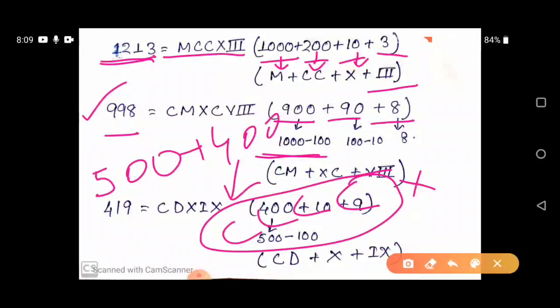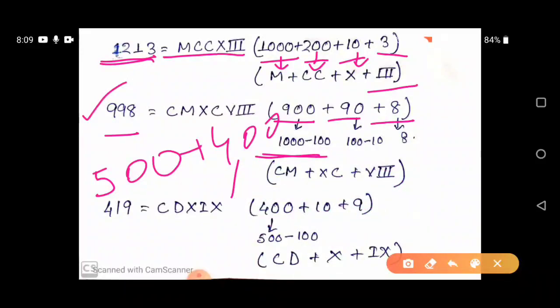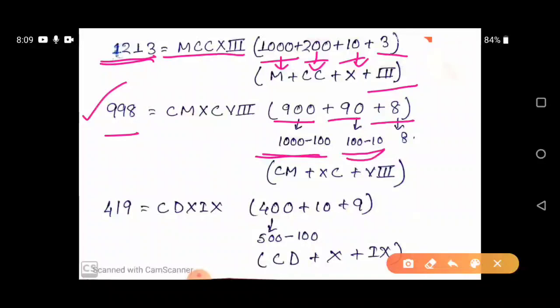So we have to write this 900 as 1000 minus 100. So here 90 can be written as 100 minus 10 and 8 can be written as 8 only. So 900 can be written as CM.